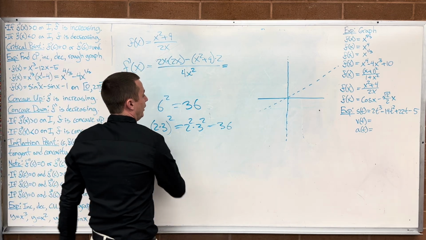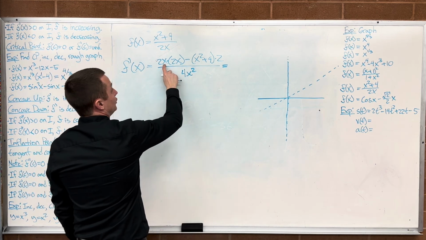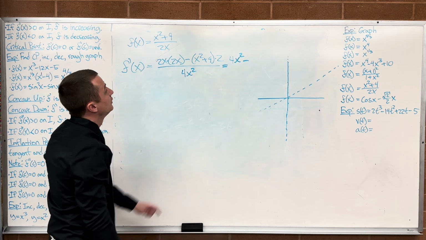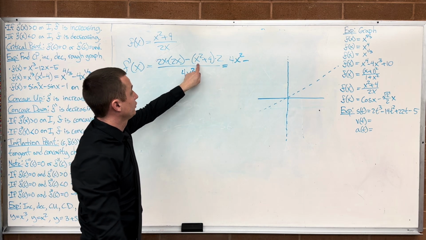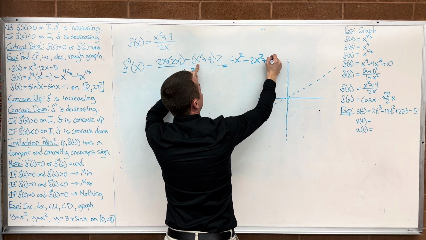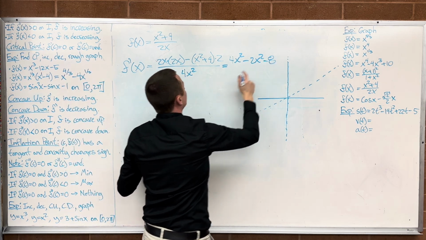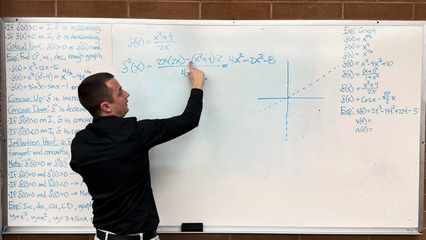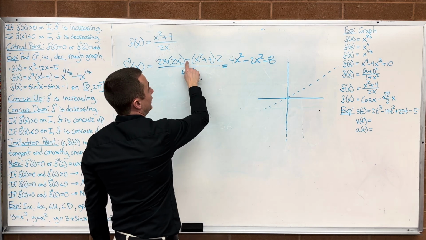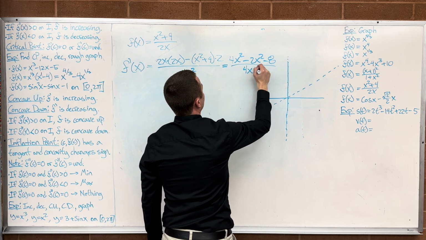Didn't change our answer. So when you square it, you have to square every term. Okay. Anyways, this comes out to 2x times 2x is 4x squared minus 2x squared. You follow that? Plus 8, or still minus 8, sorry. So negative 2x squared and negative 8. Why is it negative 8? Negative 4 times 2. Okay. All over 4x squared.